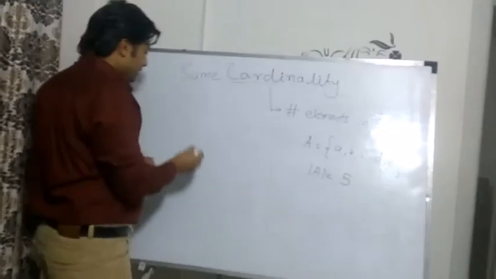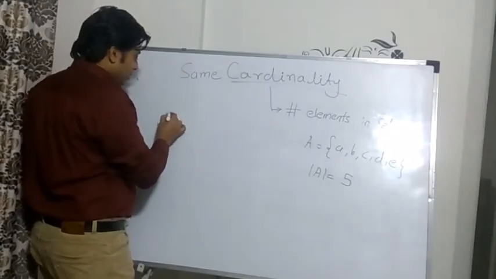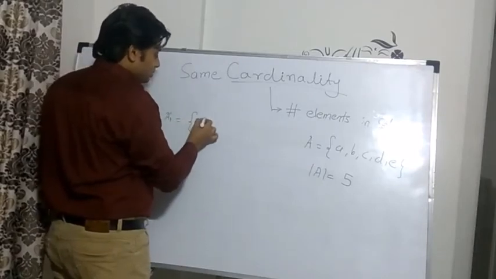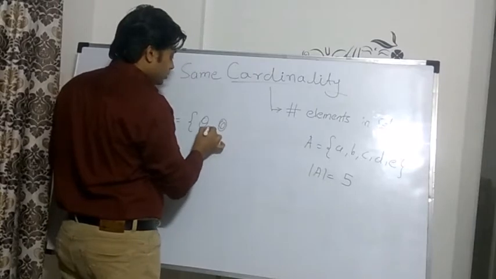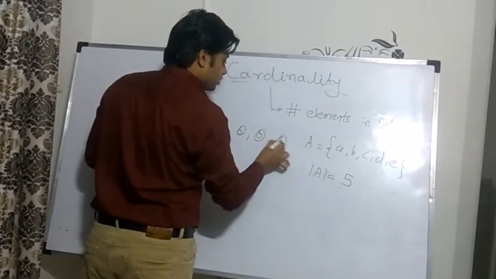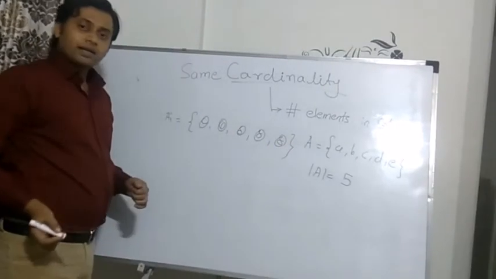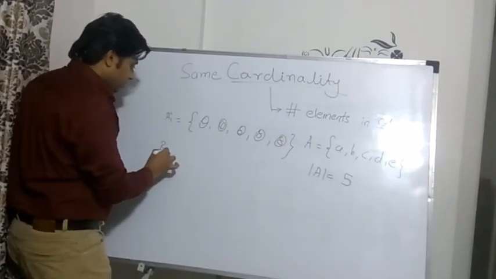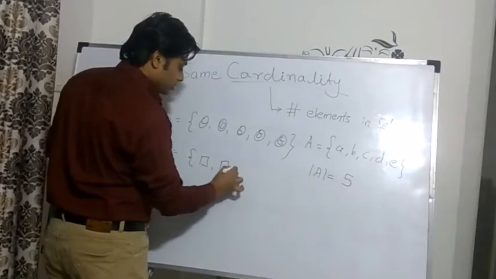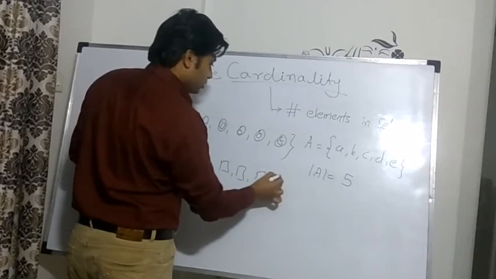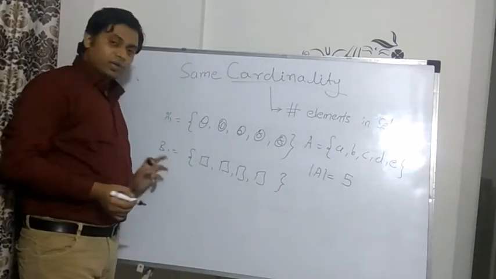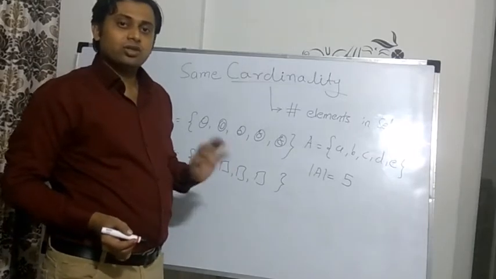For example, let's say I have a set A1 which consists of some marbles. And then I have a set B1 which consists of some boxes. Now I want to find out whether the sets A1 and B1 have the same cardinality or not.